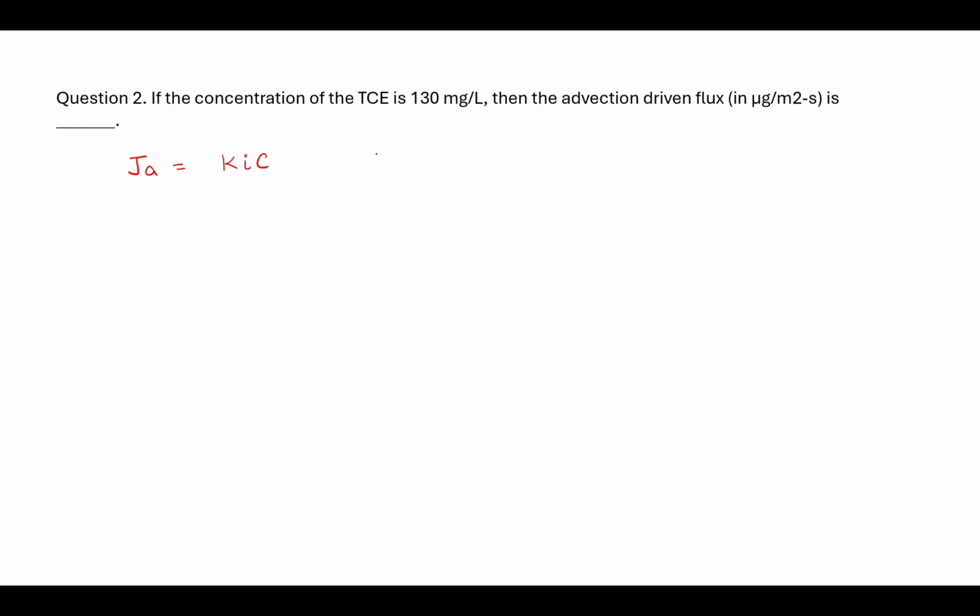From the previous question, hydraulic conductivity is given as 1.3 into 10 raised to the power minus 6 meter per second. We have the gradient as 6 centimeter per meter, and we have been given the concentration of TCE. So I'll give you all 2 minutes, just do the calculation and write the value for the flux in the chat box.